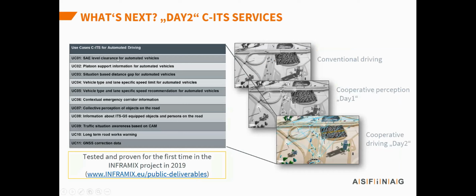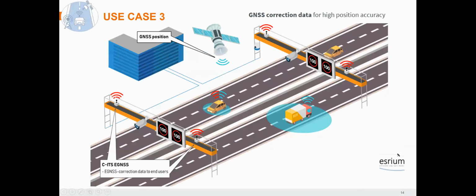And yeah, all kinds of services. For example, I highlighted the platooning service, the collective perception message we've seen here, and the GNSS correction data for Esrium, something that we would like to look into in the Esrium project.